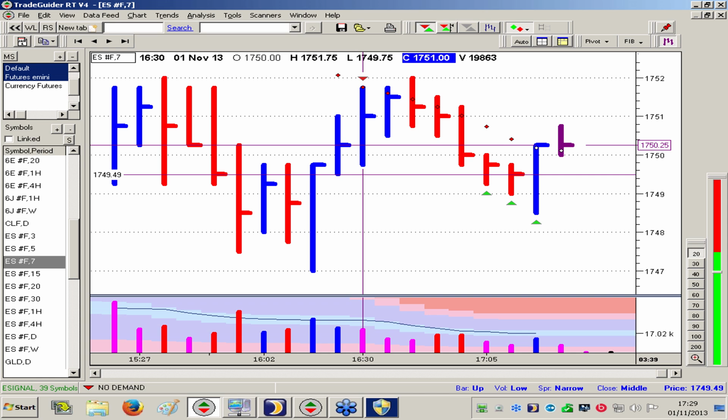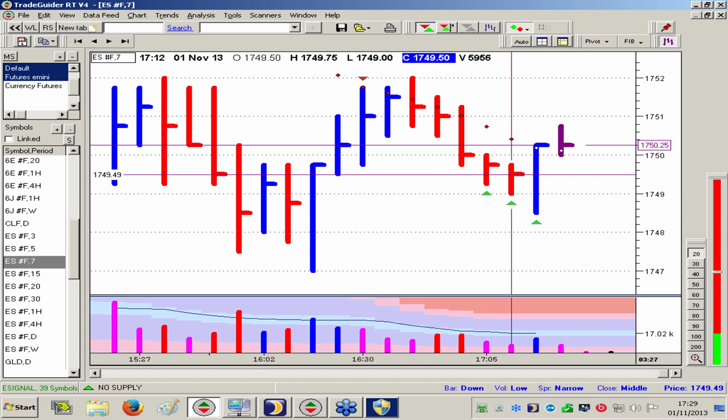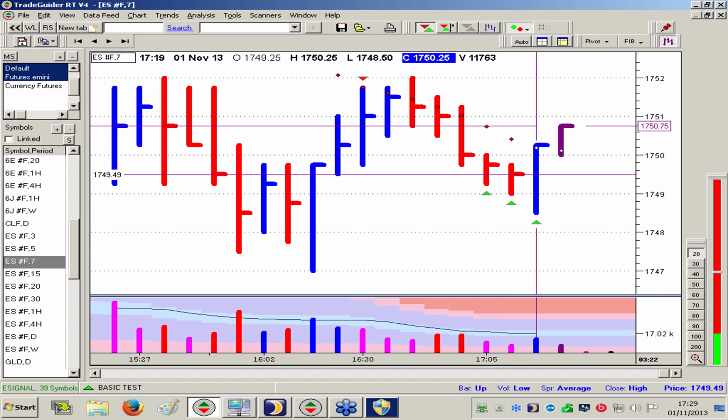Its volume must be low. It's closed in the middle. Same thing happened here. Now these red down bars are the downtrend kicking in. A little bit of lack of supply here. That's why it went up there. But certainly we haven't got any principle that's obvious here.